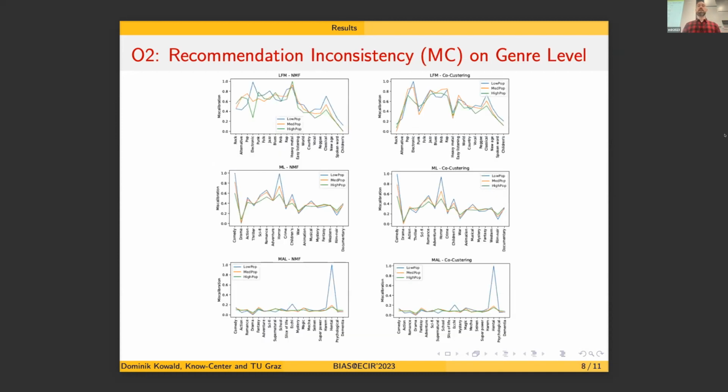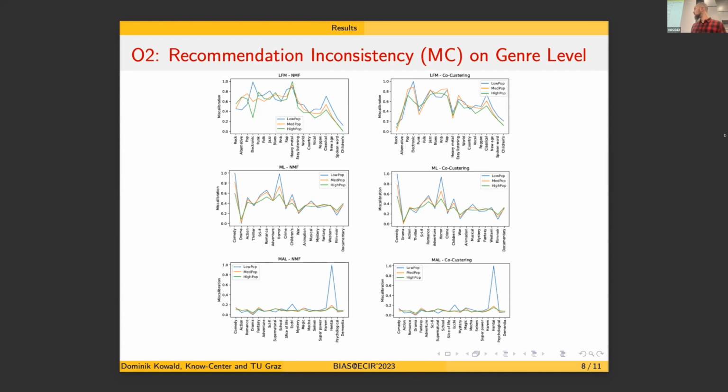Now coming to the second objective, so recommendation inconsistency in terms of miscalibration on the genre level. And here we see strong fluctuations over the different genres, which means that indeed different genres are contributing differently to inconsistency. But we see one quite interesting spike here at the bottom.